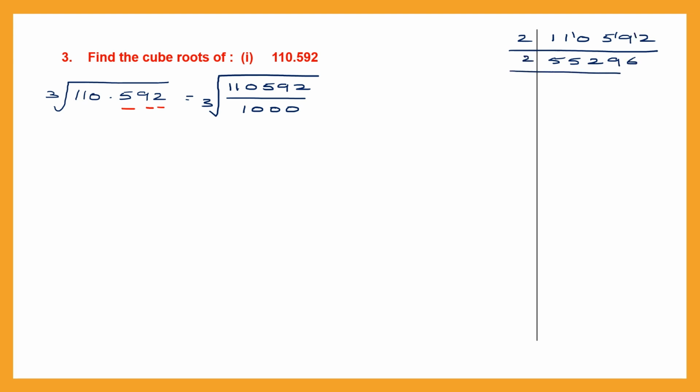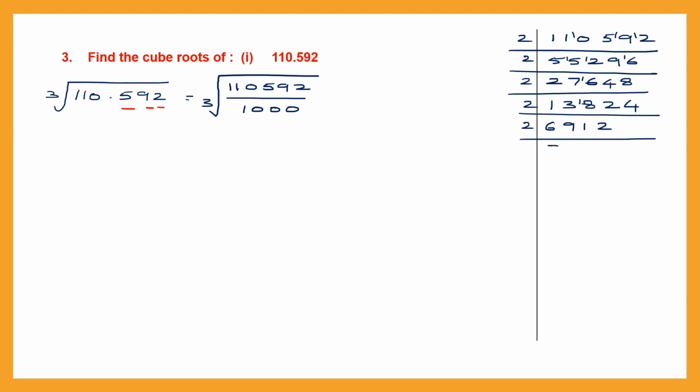Continue with 2. Take 5, 2 2s are 4, 15, 2 7s are 14, again there's 1 left, 2 6s are 12. Take 9, 2 4s are 8, there's 1 left, 2 8s are 16. Again we continue with 2, 2 1s are 2, 2 3s are 6, there's 1 left, 2 8s are 16, 2 2s are 4, 2 4s are 8. Continue. Take 13, 2 6s are 12, then we have 18, 2 9s are 18, 2 1s are 2, 2 2s are 4.